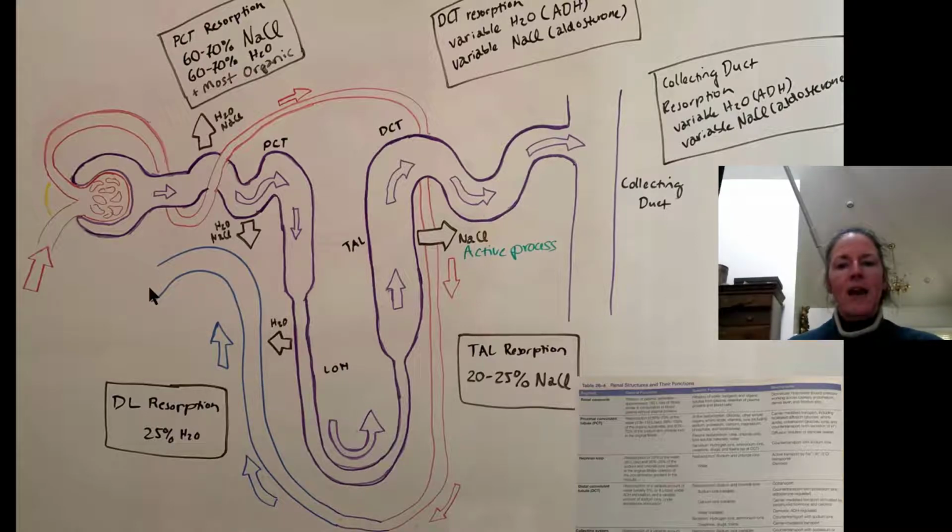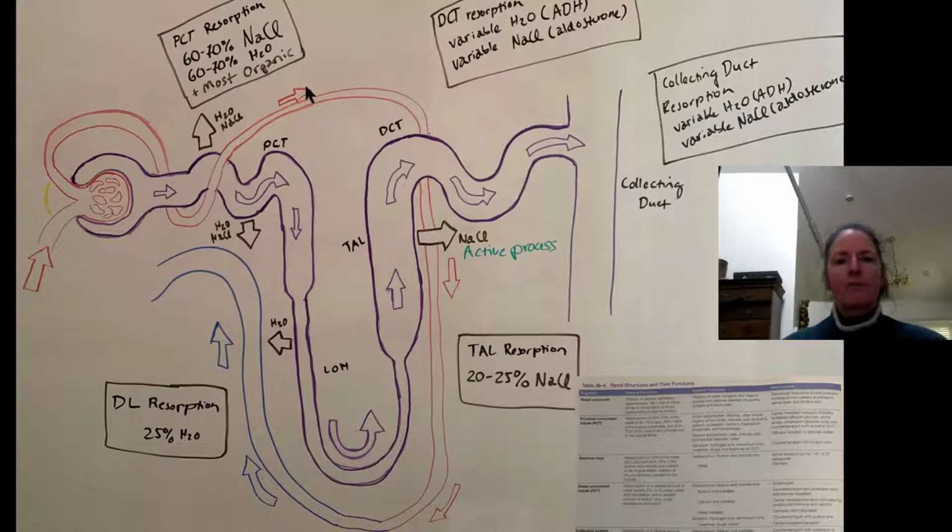So basically, the actions of the vasa recta will exactly balance that of the leaving of sodium and water over here within the loop of Henle. This is going to be important because that's going to maintain our concentrations of salts and water in the interstitial fluid. So we're going to have a very nice salty concentration in here, and the vasa recta is going to help maintain those concentrations.